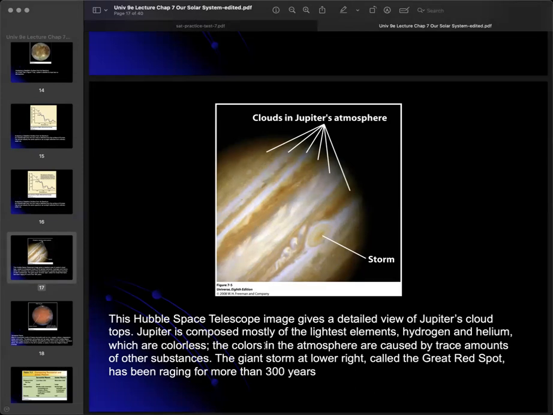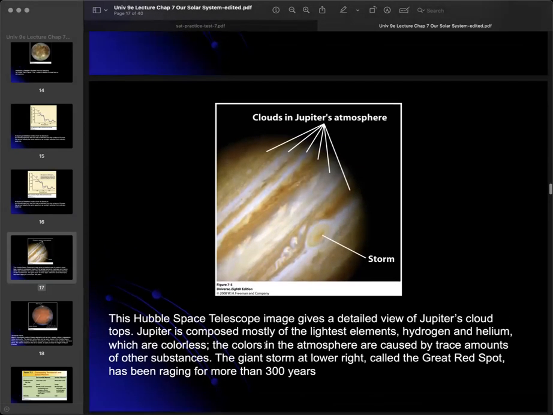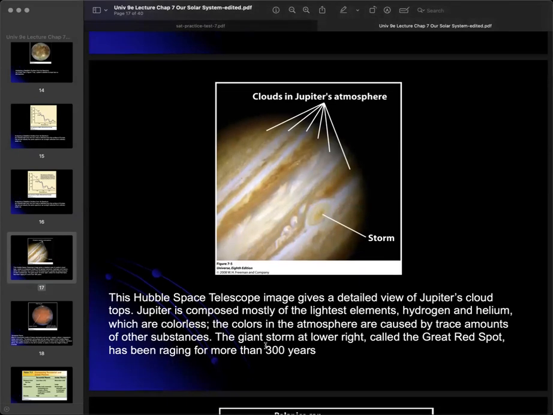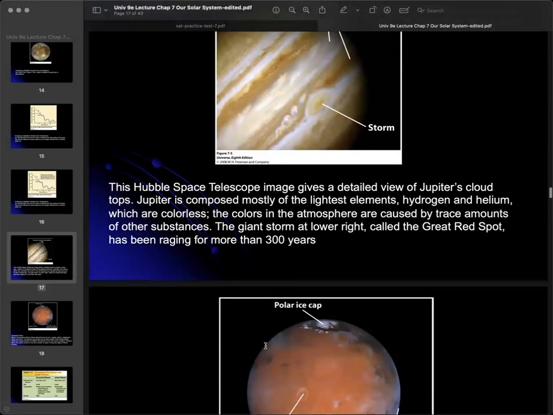And the brown colors typically comes from nitrous oxide. There's also a very characteristic giant red spot, great red spot, which is actually a giant storm that has been raging for more than 300 years.